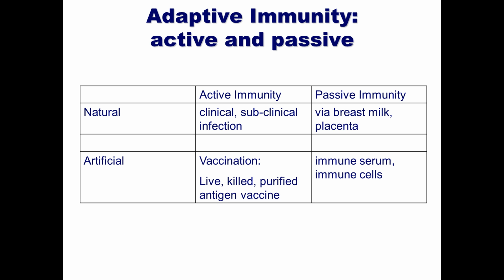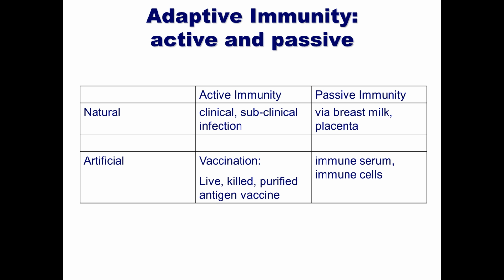These are the types of adaptive immunity. There are two types of adaptive immunity: active immunity and passive immunity. Active immunity comes from clinical and subclinical infection, and passive immunity is provided by breast milk and placenta. Artificial active immunity is provided by vaccination.